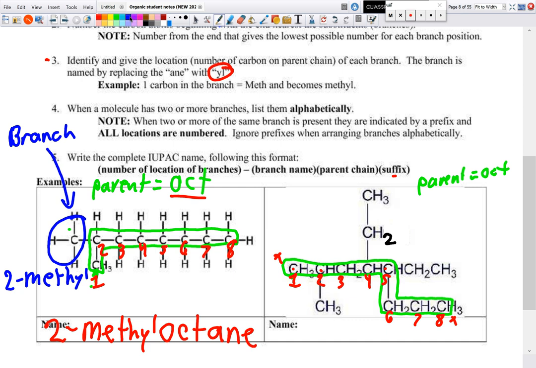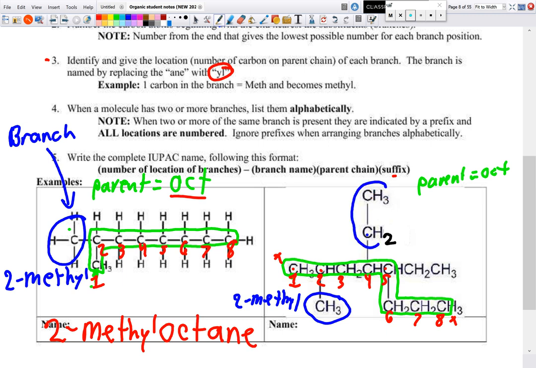So let's go back to identifying and giving locations of the names of the branches. Just like before, any carbons that are not inside my green main chain right now are a branch. We can tell this one right here is a branch. It's off carbon 2, and it's 1 carbon, so it is a 2-methyl. Now, notice on carbon 4, we see 1, 2 carbons.